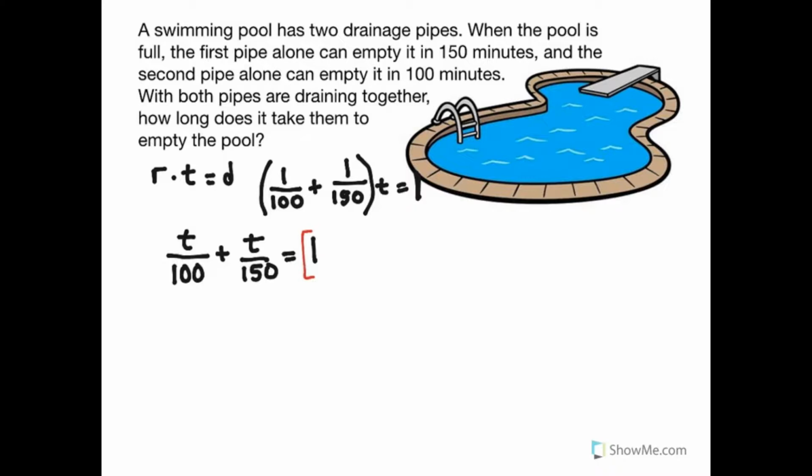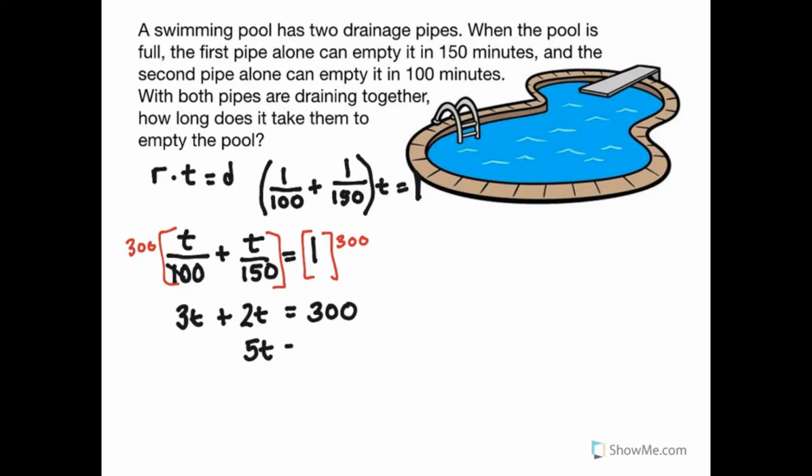I'm going to clear fractions by multiplying by the least common denominator, which is 300. So I multiply each side by 300, and I get 3t, that's 300 canceling with the 100, plus 300 canceling with the 150 gives me a 2t, and 300 times 1 is 300.